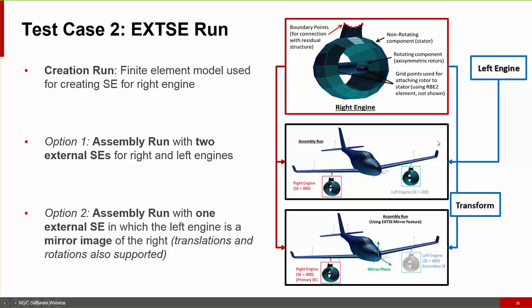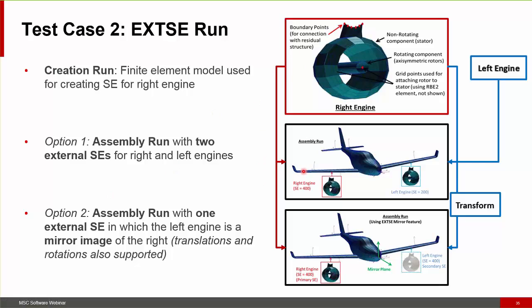There's a nice feature within Nastran that allows you to use transforms of any particular rotor superelement, and I try to indicate this here by saying that in the first model, we would use two different superelements, one for each of the left and right engines.